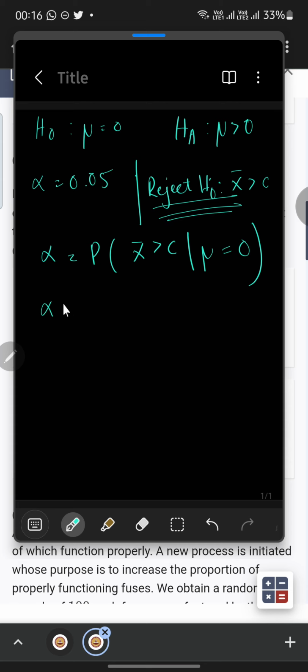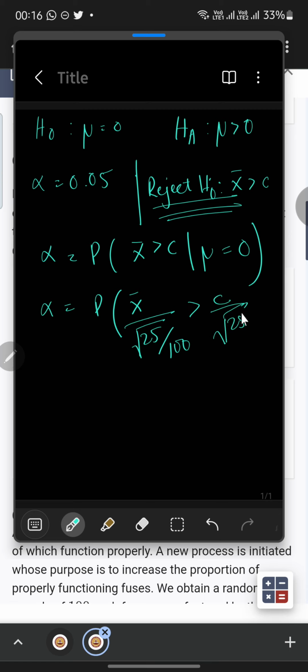So again, put the values. Mean x greater than c, so we can just convert it into normal. So this is what I was talking about, right? I just coincidentally saw another question. So 25 is here, c upon root of 25 upon 100. Is that true?